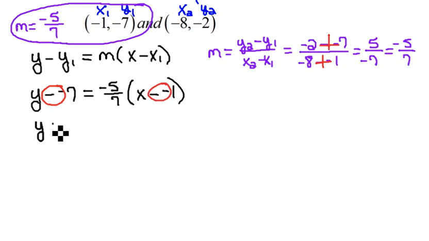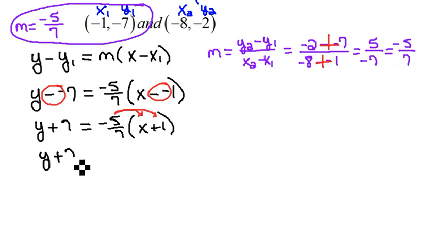So let's rewrite that as y plus 7 equals negative 5/7 times x plus 1. And then we're going to distribute, and we'd have y plus 7 equals negative 5/7 x minus 5/7. And in order to get y alone, we have to subtract 7 from both sides.